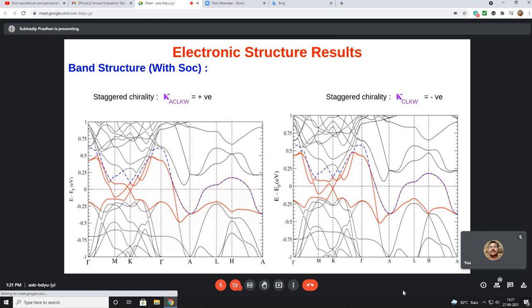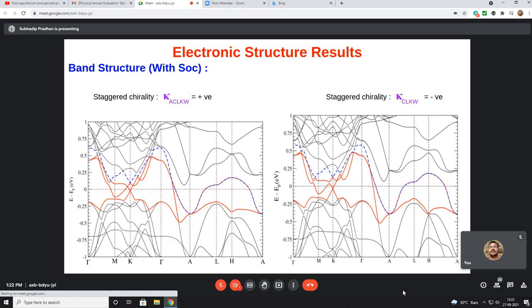So the question here is, your spin texture in the ground state is quite complicated. So what Arijit was trying to point out, when you are saying time reversal symmetry is broken and inversion symmetry is preserved, how do you justify that? You have spin orbit coupling also. And why is your inversion symmetry there?